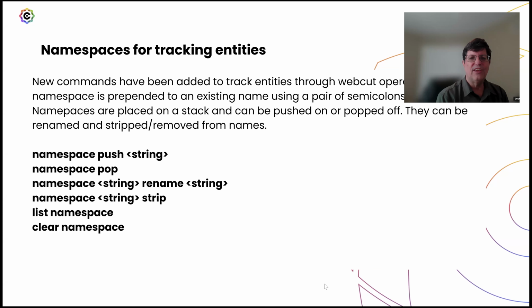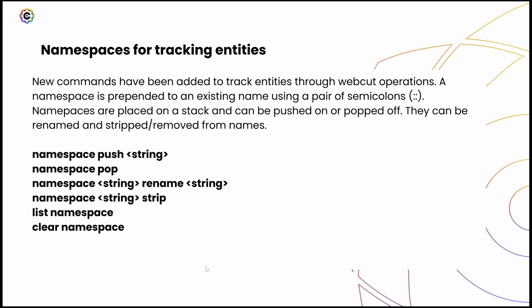One of the new features that has been added that I'm actually kind of excited about is the use of a namespace. Namespaces in programming, like in Python, for example, are typically used to separate different names into totally different categories.